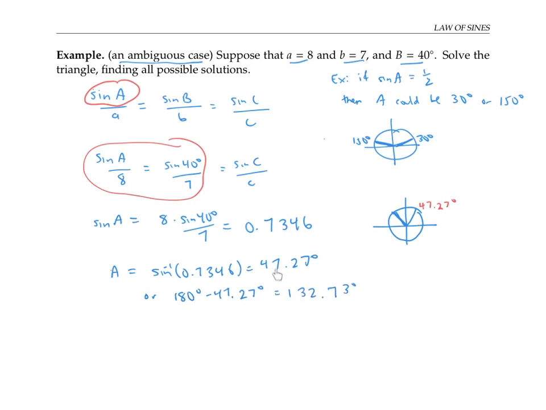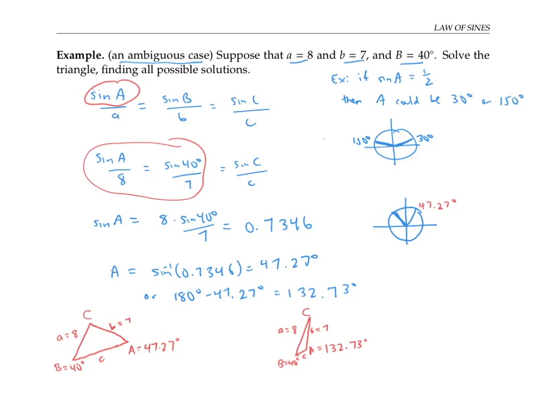One of these possible angles is an acute angle, the other one an obtuse angle, but both are possible configurations. I'll sketch the possible triangles. In both triangles, side length A and B are the same, and angle B is the same, but everything else is different. We can continue to solve for the other angle and side in each case.